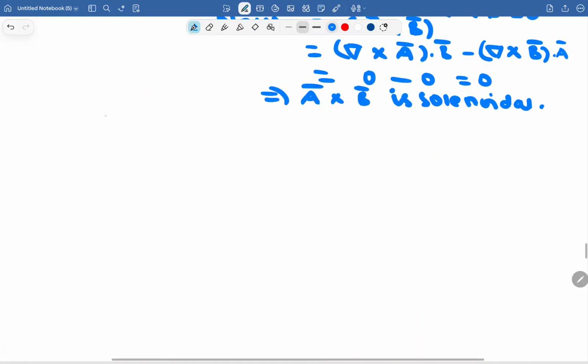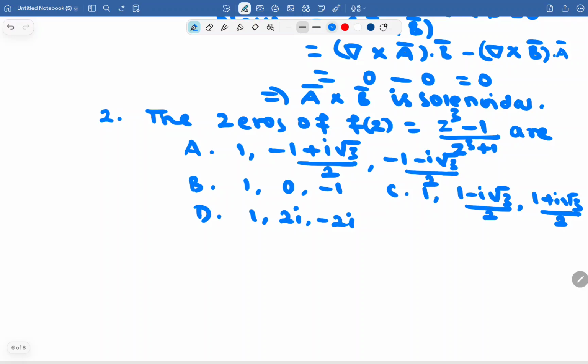Now problem number 2. We have to find the zeros of f of z, where f of z is z cube minus 1 by z cube plus 1.